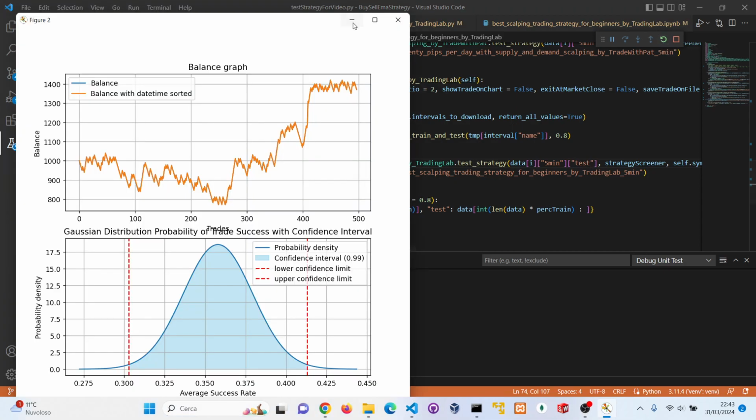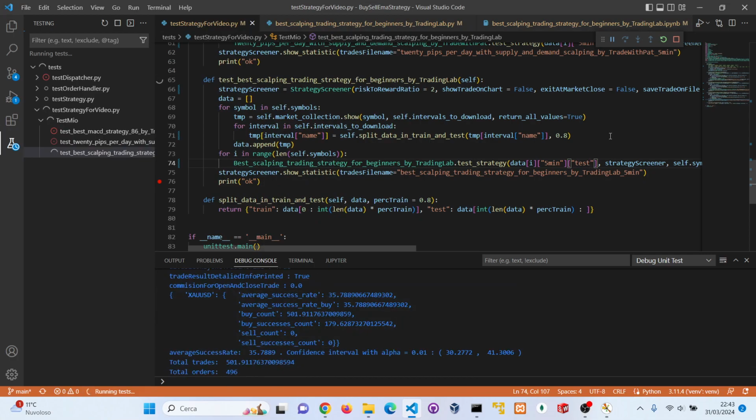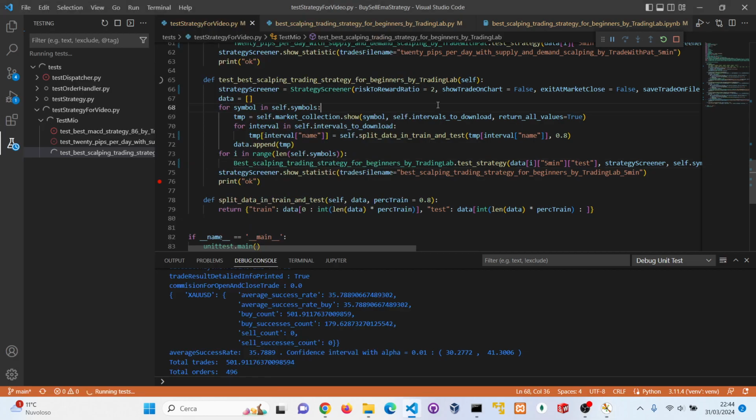Surprisingly, this strategy performs better on the test dataset, where there is data that my software never saw and I didn't analyze, but it's normal because the average success rate is in the confidence interval I found before, and you would have been profitable in the last trades.